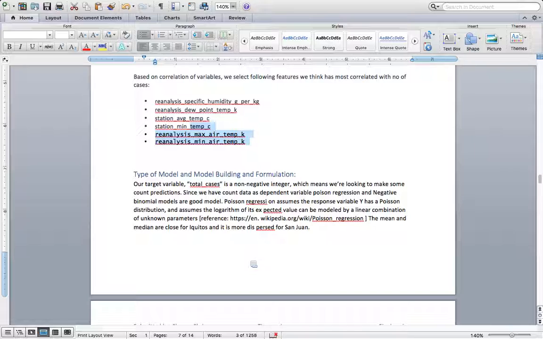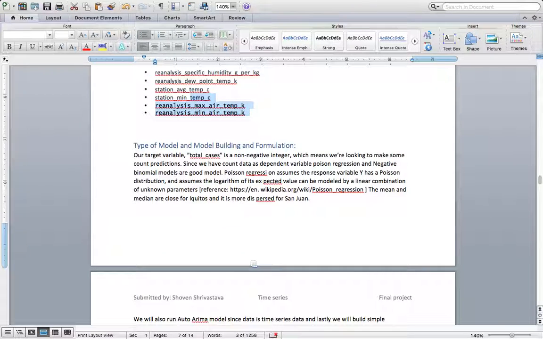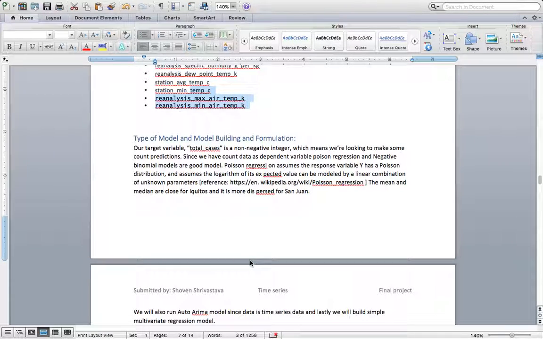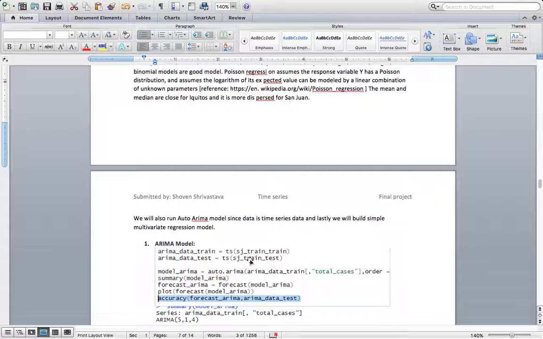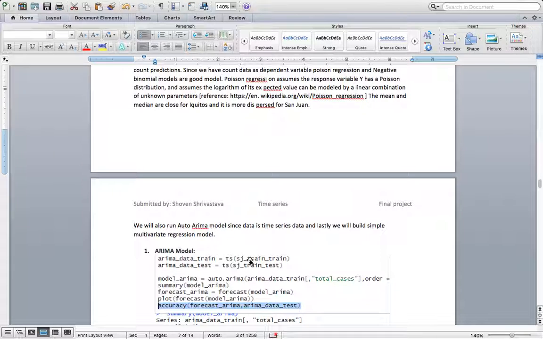Since this is a count problem, I started with a Poisson model, and then I built an auto ARIMA model, because the data set is mostly based on time series, since we have year and week of the year.